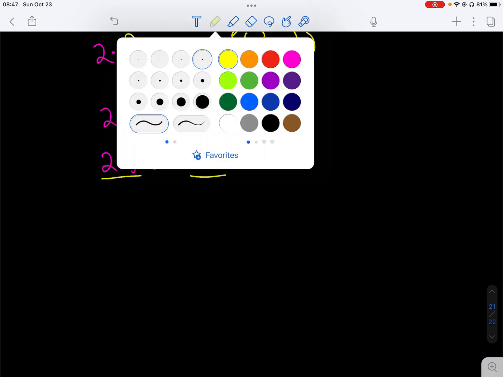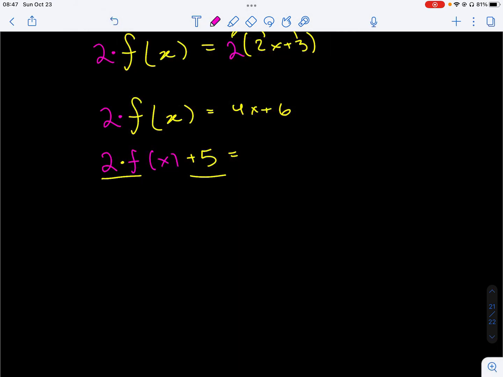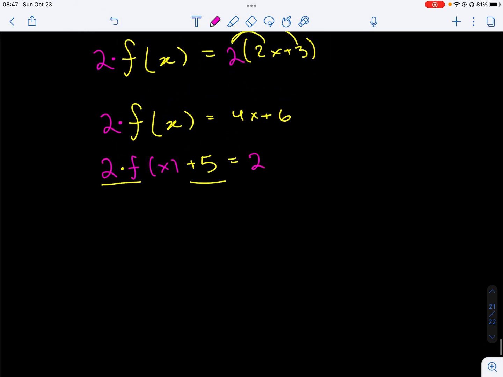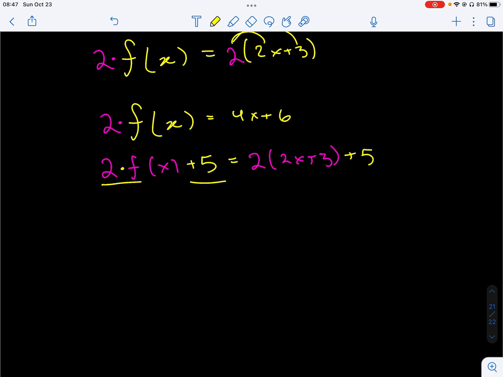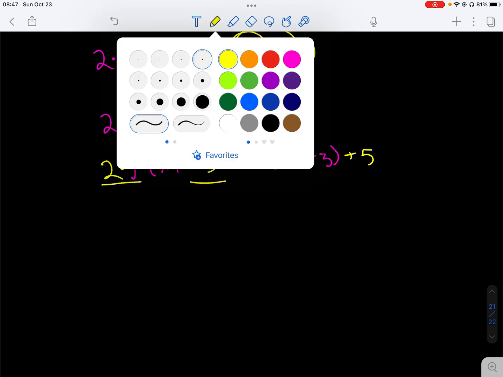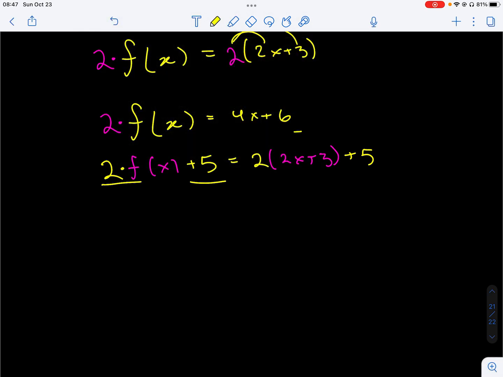Well, here, you can take what you had before, and you could say 2 times 2x plus 3, in this case, plus 5, to have all of the pieces that you're modifying highlighted here. So imagine I highlight the fact that I'm multiplying by 2 and then adding 5. Or you can just work off what you had before, in which case if you were to add 5 to this, you could say this is also equal to 4x plus 6 plus 5.